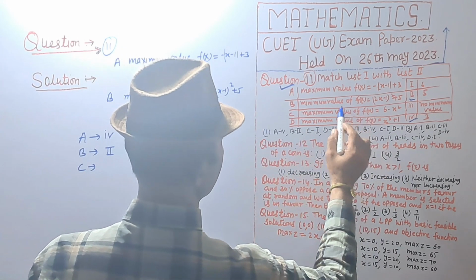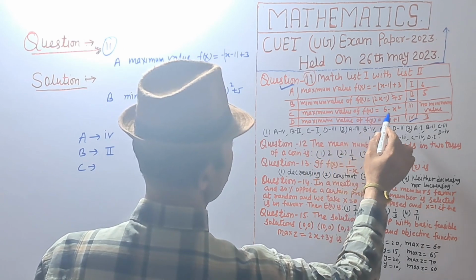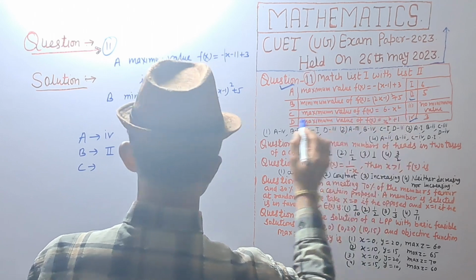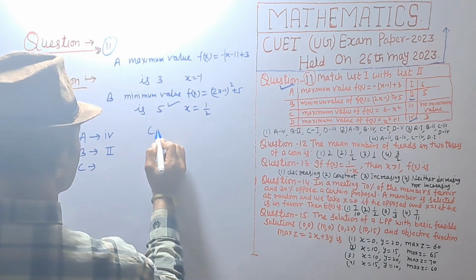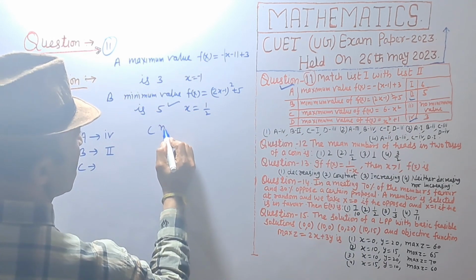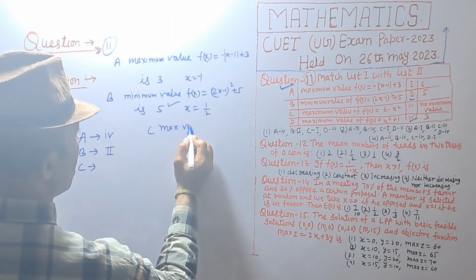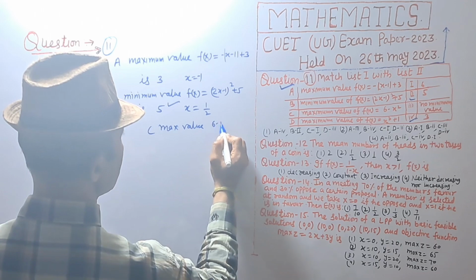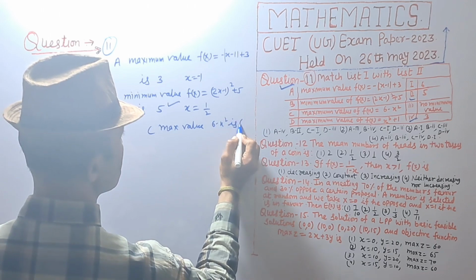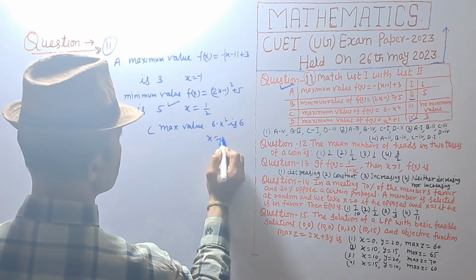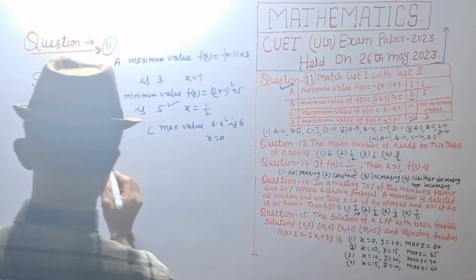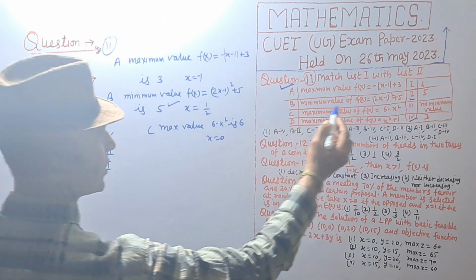And C, maximum value of f(x) = 6 - x^2 is 6 as x is equal to 0. That is first.